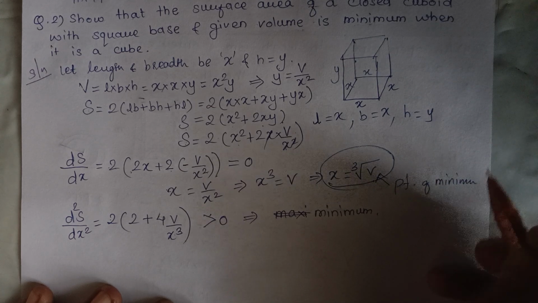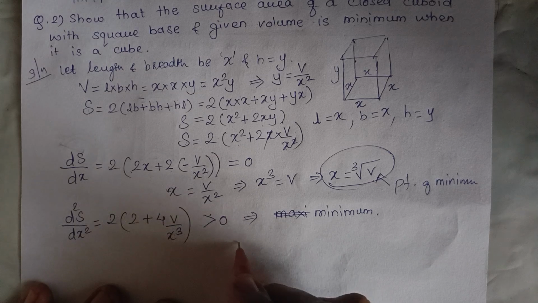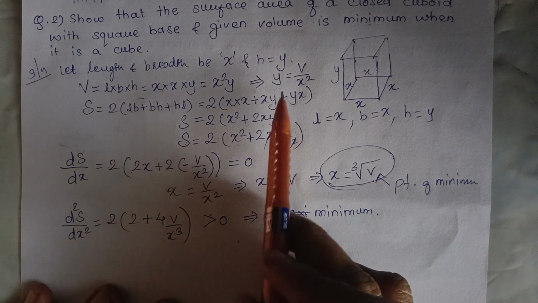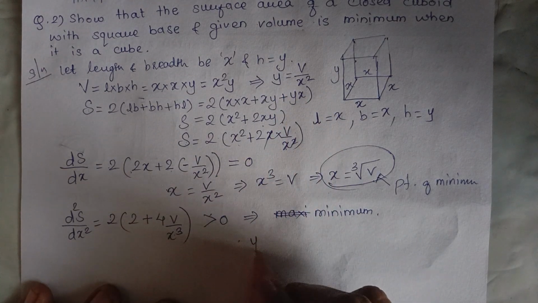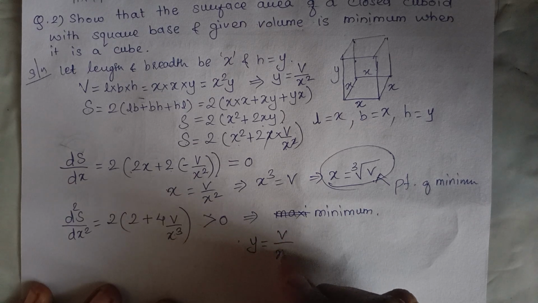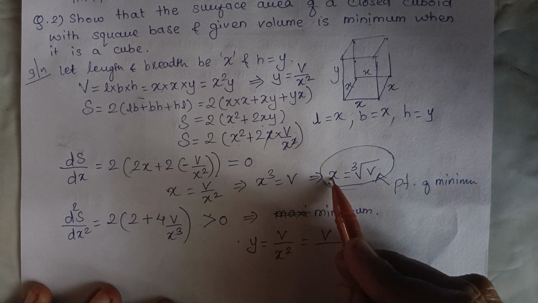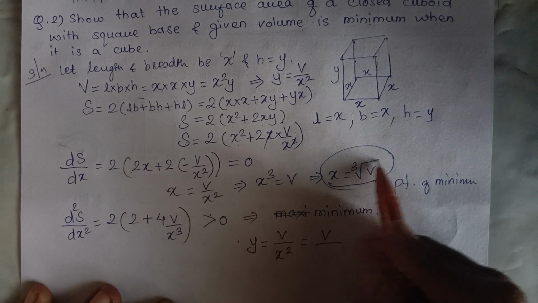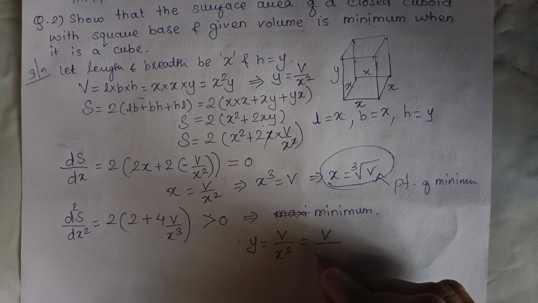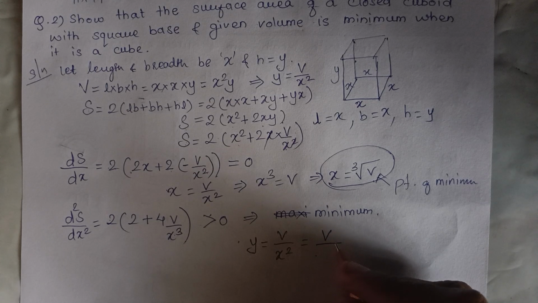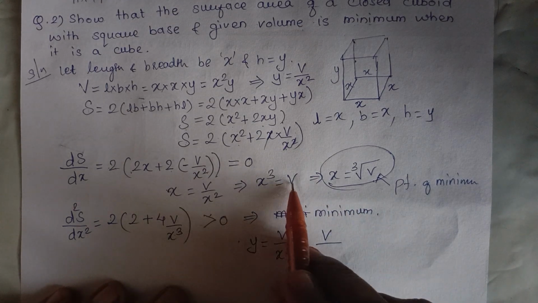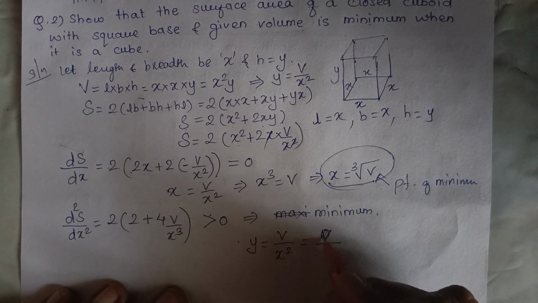What will be the height, that is y? You can substitute in this. So y is equal to V upon x square. We want this y in terms of x, right? So we can write V, we can substitute x cube.